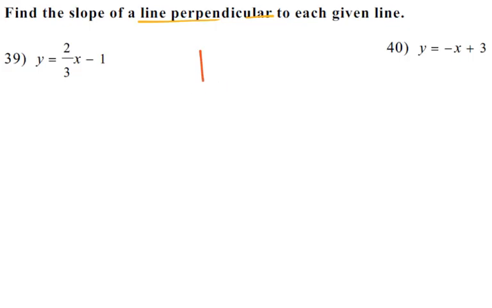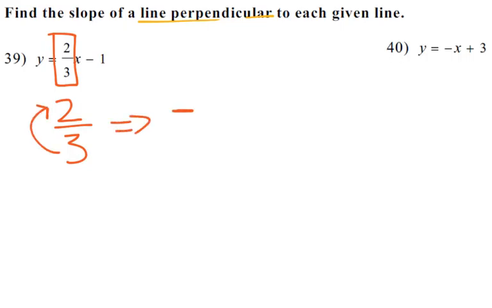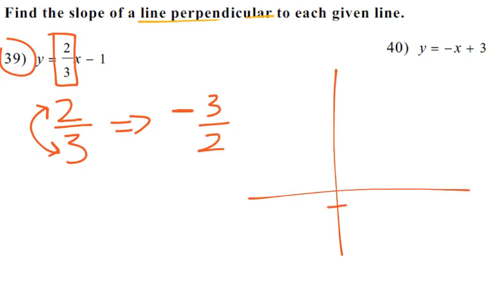Now let's look at one of our problems. So my slope here is 2/3. So it's positive, so the opposite would be a negative. The reciprocal would be flipping the 2 and the 3, so it would be 3 over 2. So if I graphed 39, we'd start at -1, we'd go up 2 to the right 3, up 2 to the right 3, look something like this.